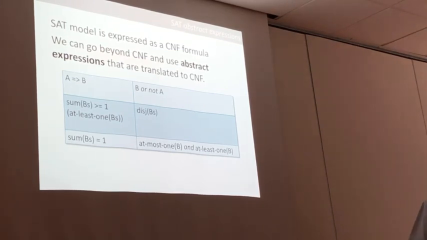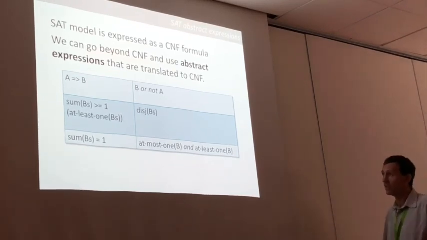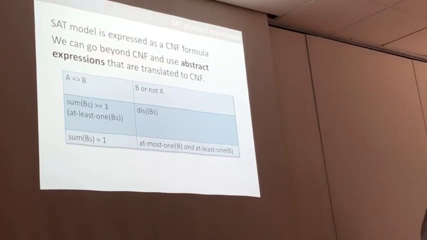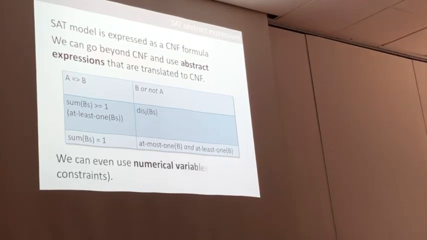A simple one is putting all the pairs with negations, as I showed on the previous slides. But it gives a larger formula, so there are more efficient ways to translate it. But basically, what I want to say is that we don't need to go to the level of CNF. We can use some high-level formulas that are translated to CNF.